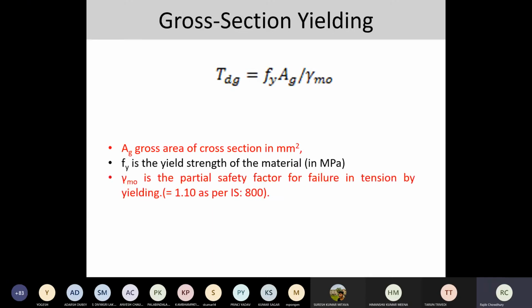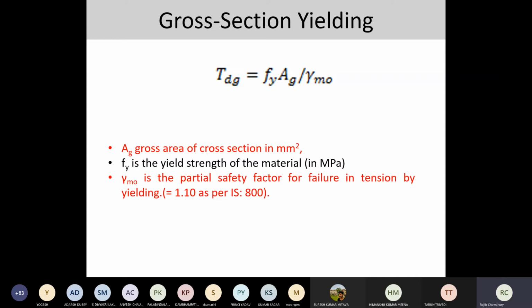Why do we require gross section yielding? Generally, a tension member without a bolt hole can resist the loads up to the ultimate load without failure, that you know.